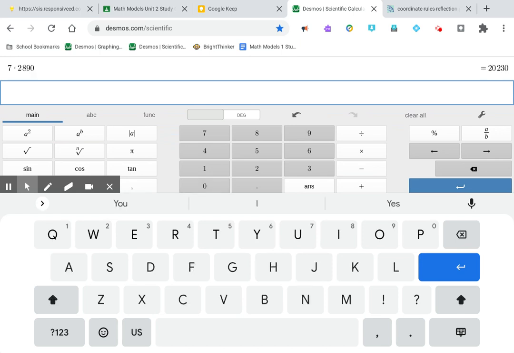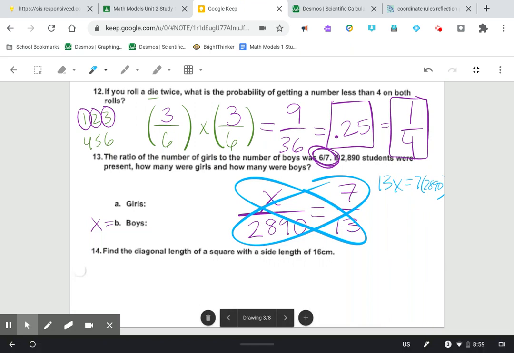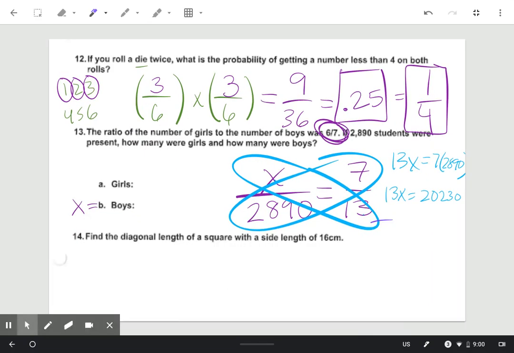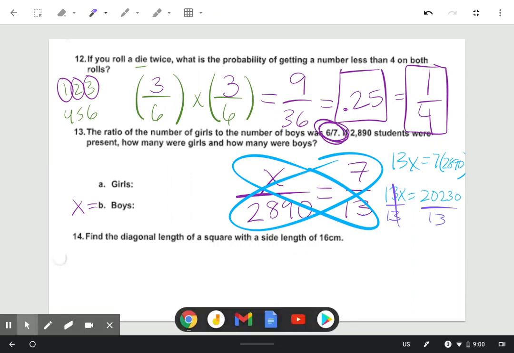That's 20,230. So I get 13x equals 20,230. And then to get the final answer, I need to divide both sides by 13. That cancels that out, giving me x equals 20,230 divided by 13.